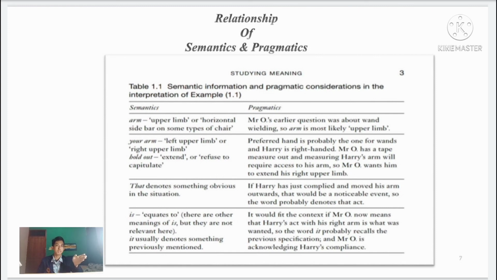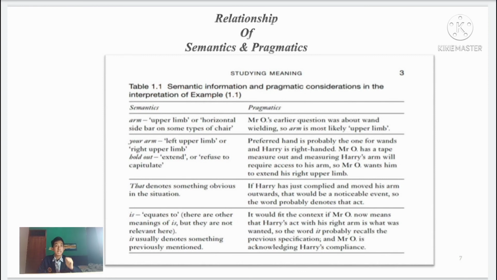Kalau di semantics "I'm off to work" itu bisa maksudnya kamu pergi gitu. Jadi itu another example of how to distinguish semantics and pragmatics in one example.